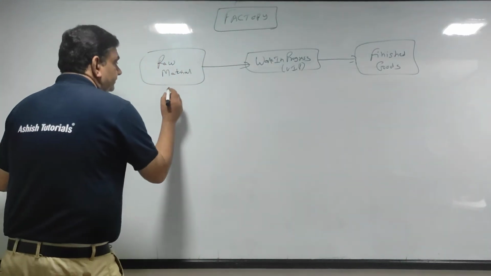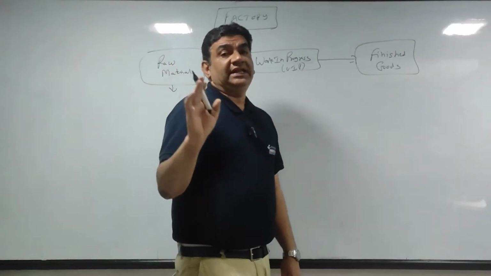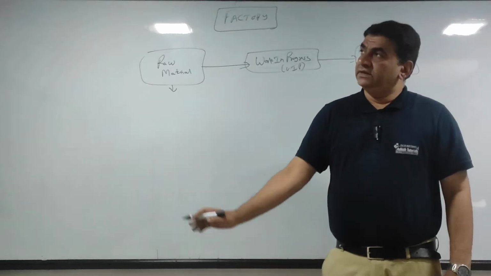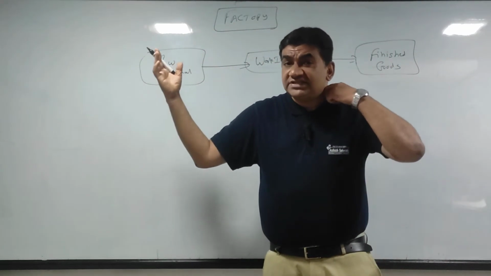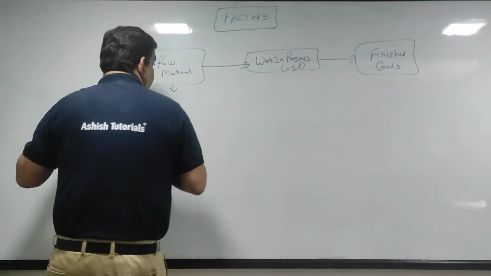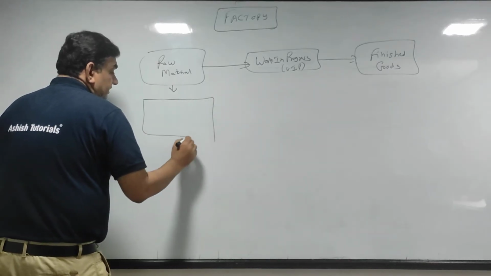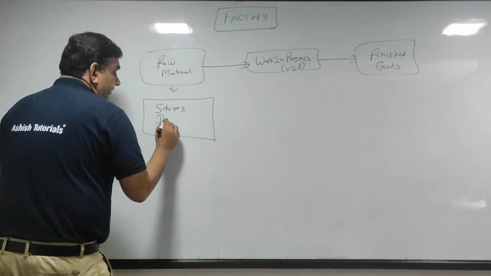Now see, first, the company will buy raw material. सप्लायर या क्रेडिटर्स जिससे रॉ मटेरियल परचेज किया वहां से रॉ मटेरियल आएगा, and it will be stored in a place that is called the store department.